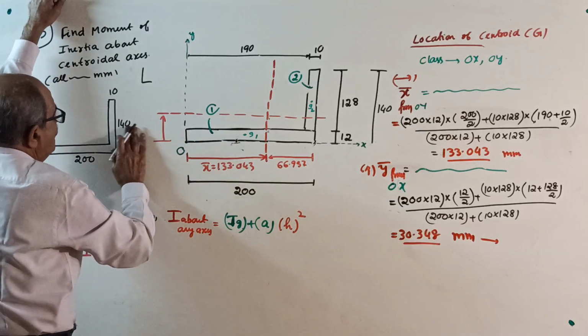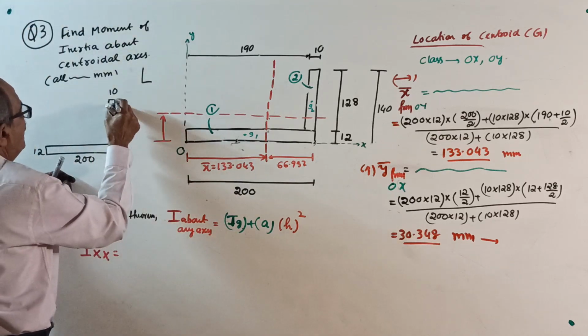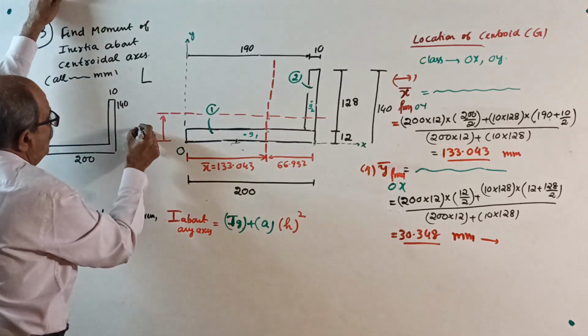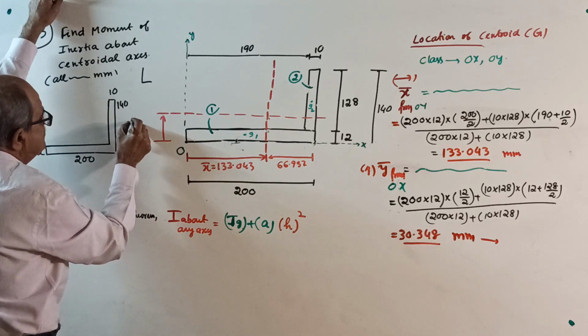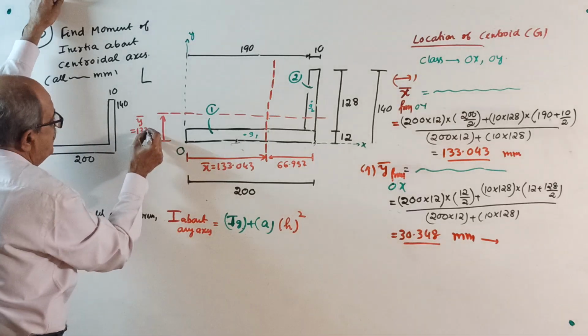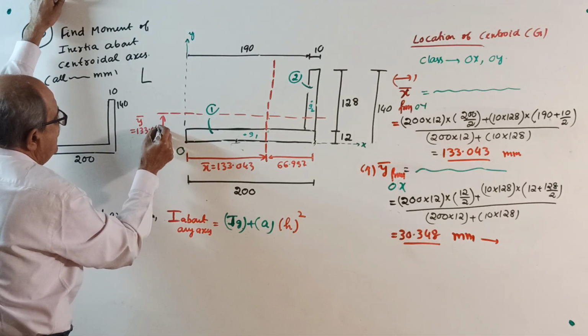Space problem. Okay. 140, I'll write here. 140. Y bar equal to 30.348. Sometimes it happens.